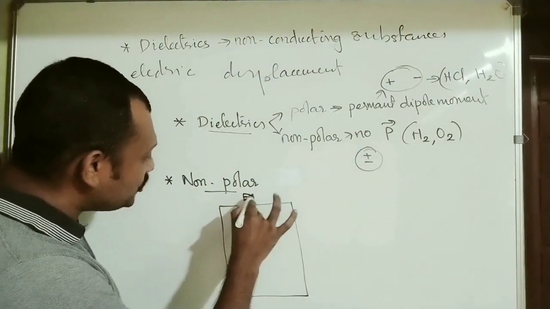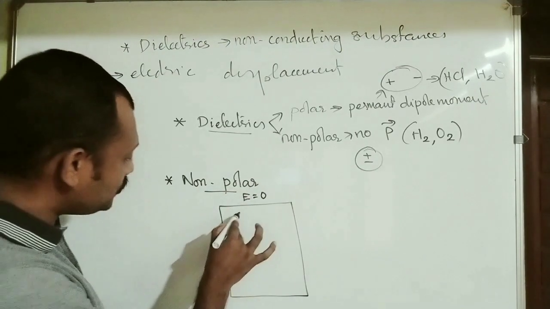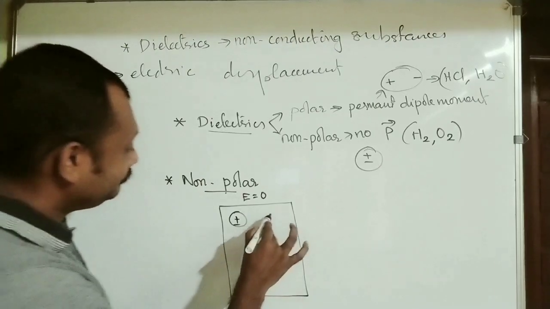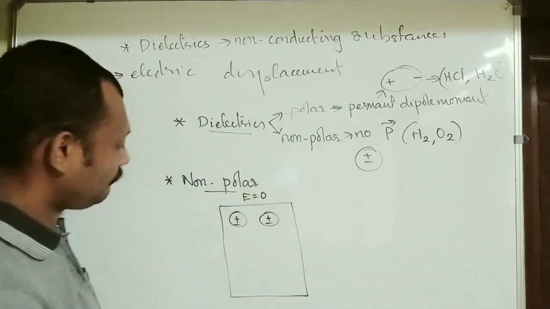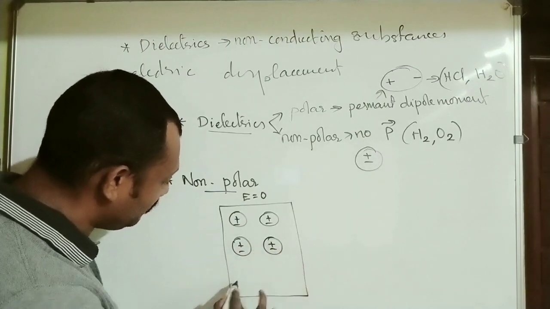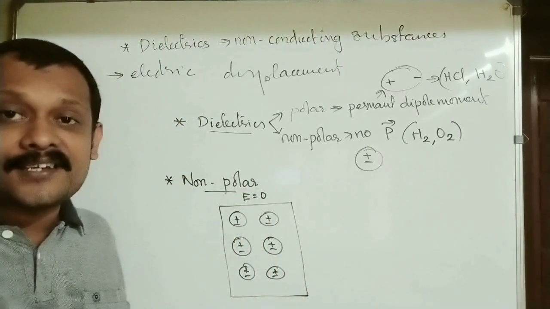In the absence of an external field, so here E is equal to 0, the centers of the positive and negative charges are coinciding. Positive, negative, positive, negative, positive, negative.